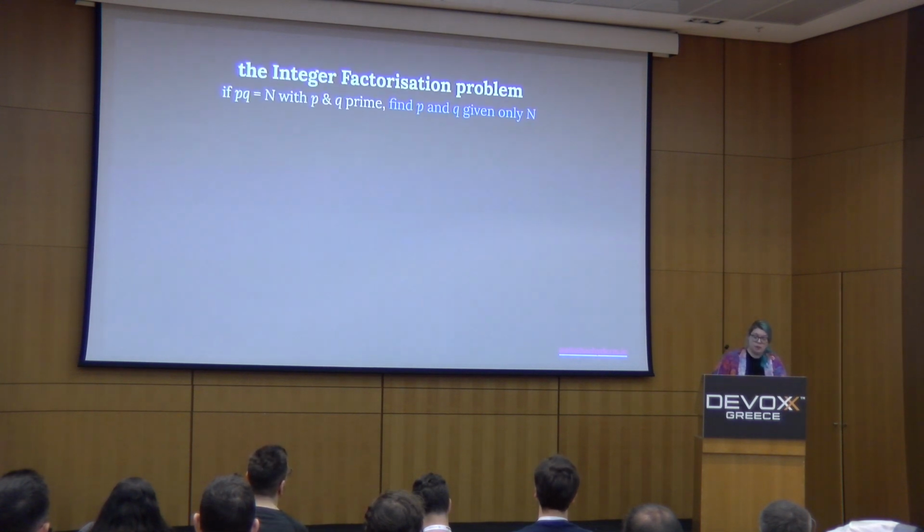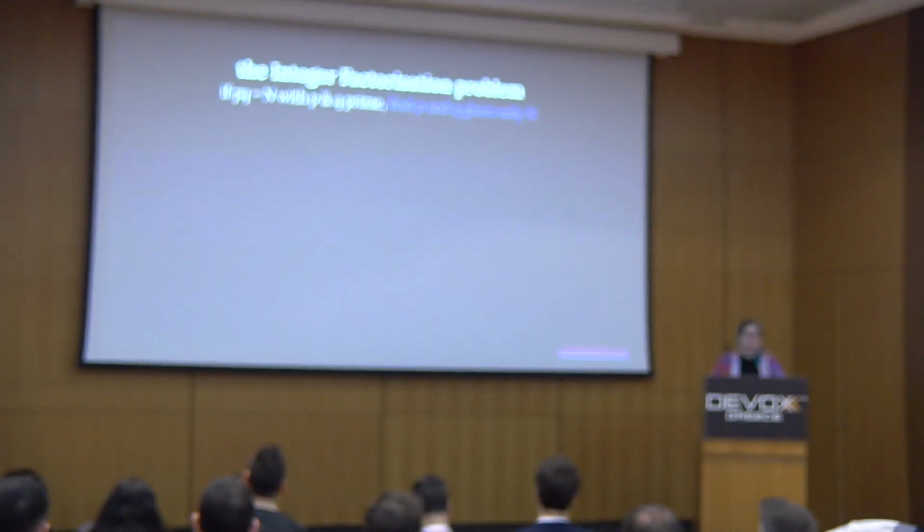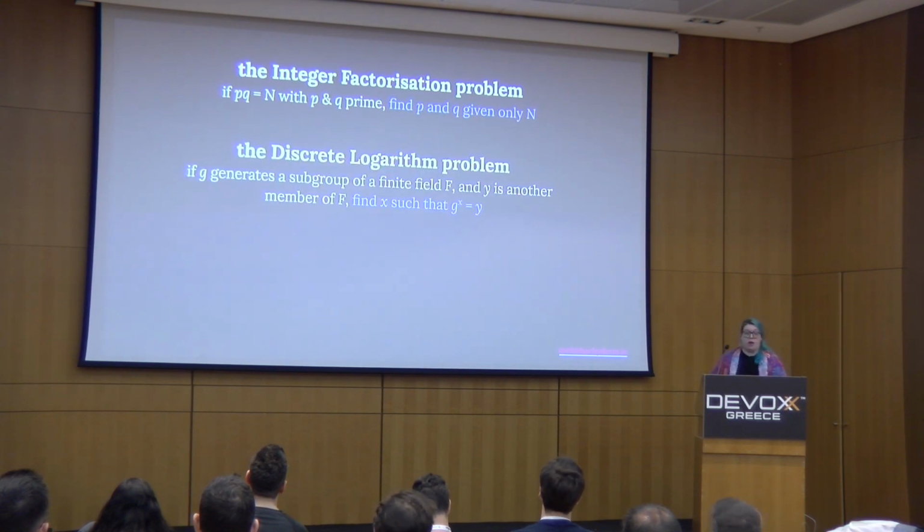Some of these hard maths problems, we've already seen: the integer factorization problem. This is the one that powers RSA. If you have a big number that is the result of multiplying two primes, it's hard to find those primes. Another difficult one is the discrete logarithm problem. This is what powers elliptic curves, and it's sort of analogous.